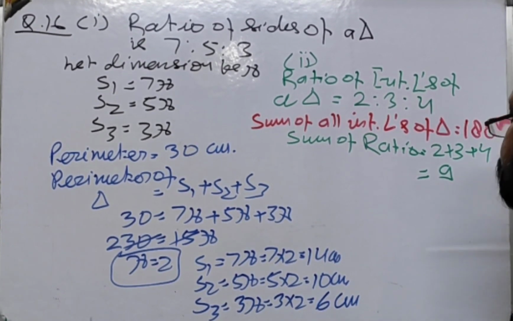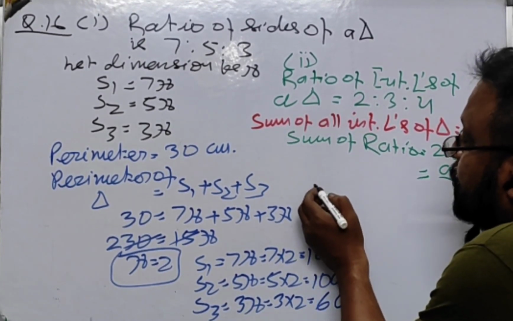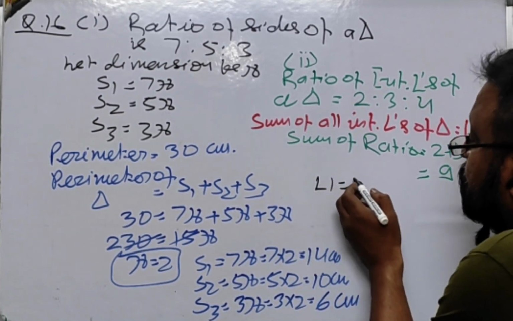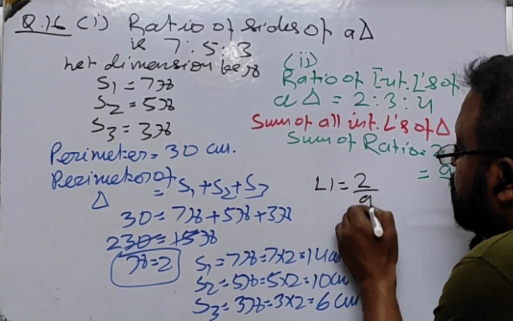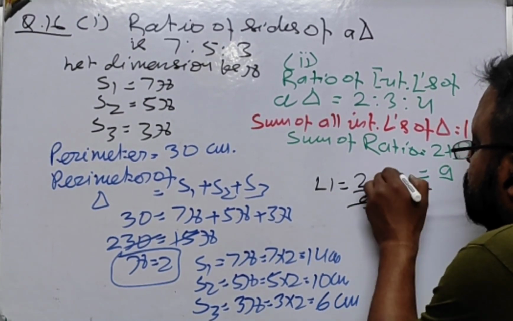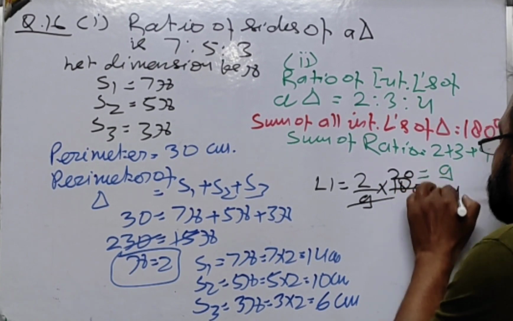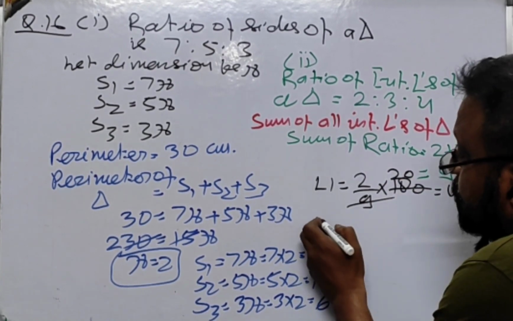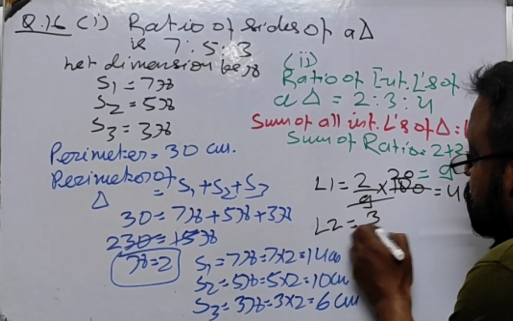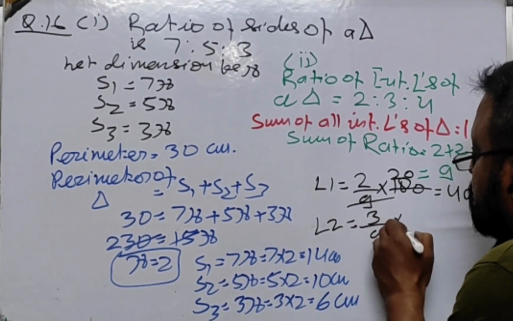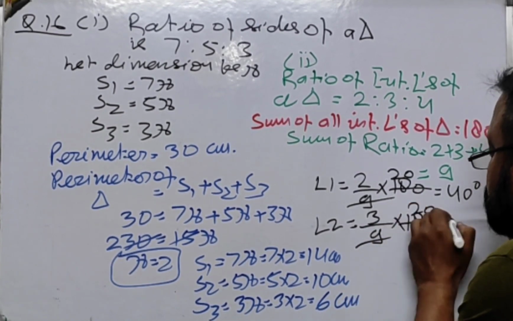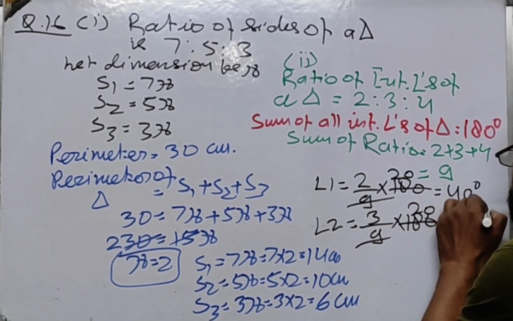So angle 1 is equal to 2 by 9 into 180, it is 40 degree. Angle 2 is equal to 3 upon 9 into 180, it is 60 degree.